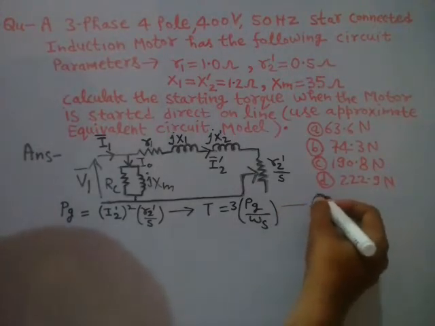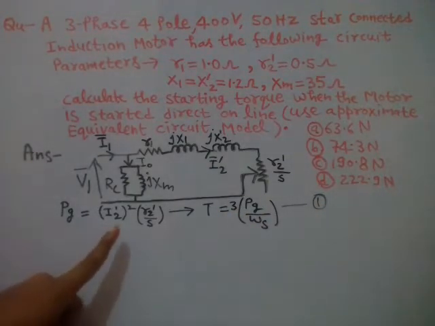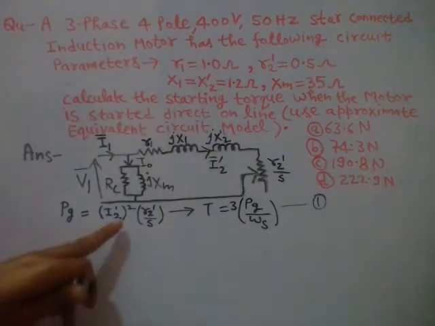Let me call it equation number 1. So your first job is to calculate this current I2 dash with the given parameters. So how to calculate this I2 dash?